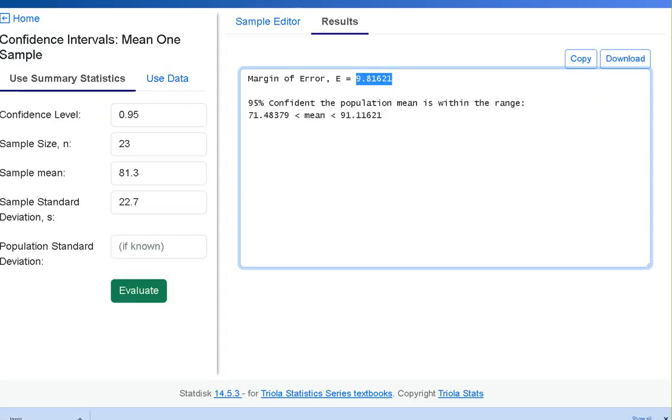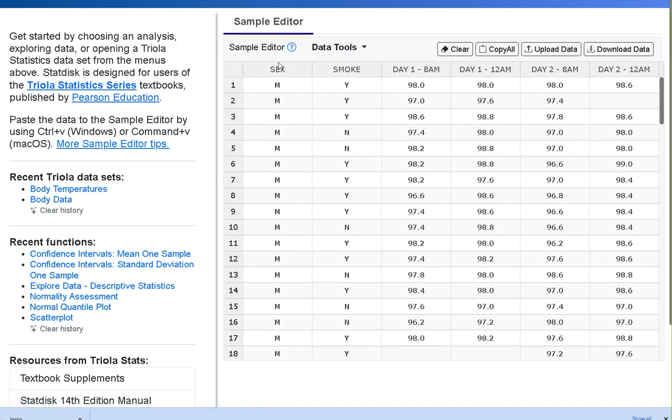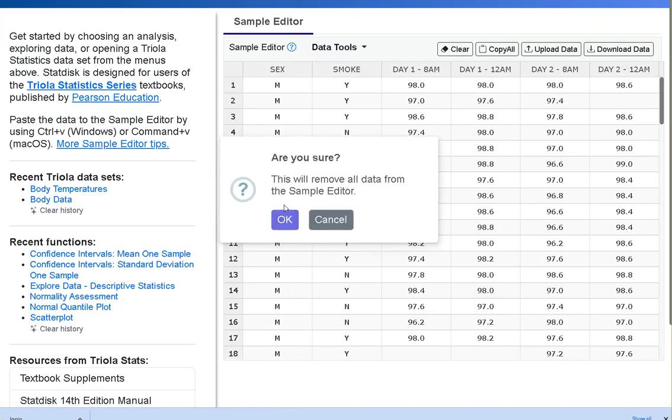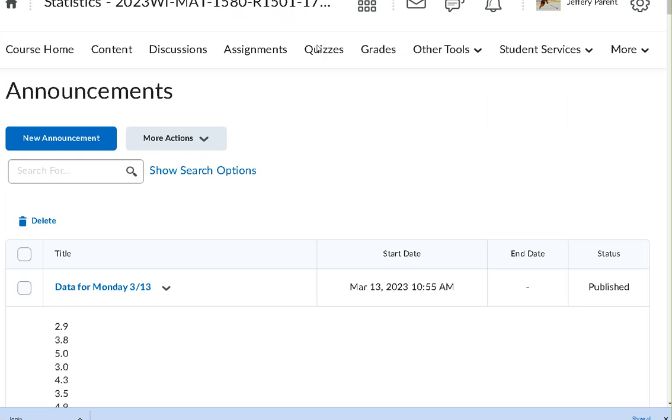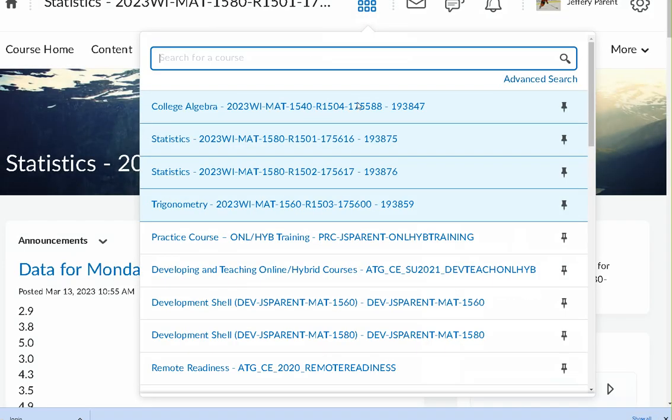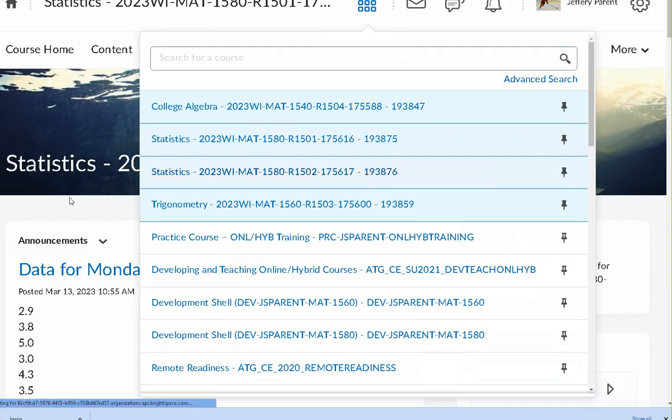I'm actually going to paste it into StatDisk, because sometimes when I paste it directly to D2L, it doesn't paste correctly. So let me copy it from here and put it on D2L. It'll be in the announcement sections.